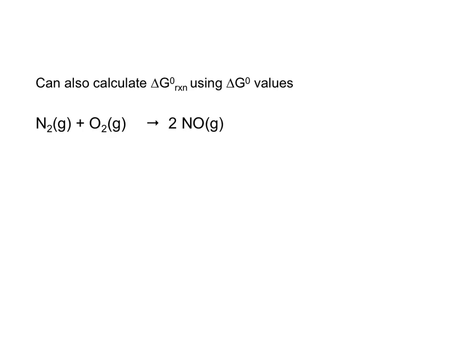Just like delta H, free elements or diatomic materials have a 0. Oxygen has a 0. And you would look up the value for nitrogen monoxide, and you would find 86.71. These are all in kilojoules per mole. And here is where you would use Hess's law.